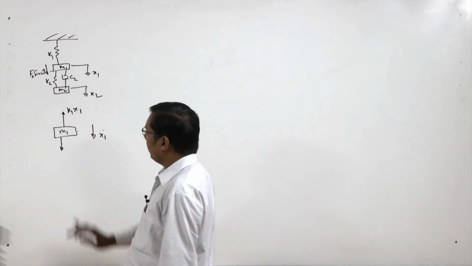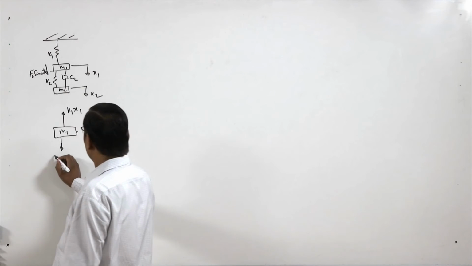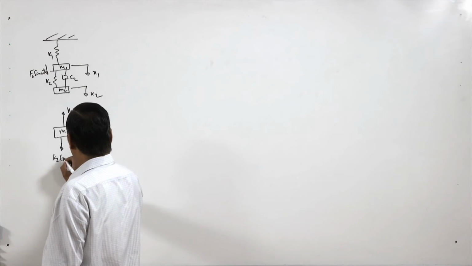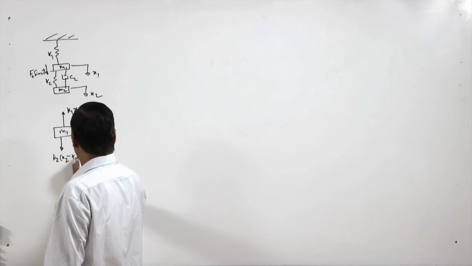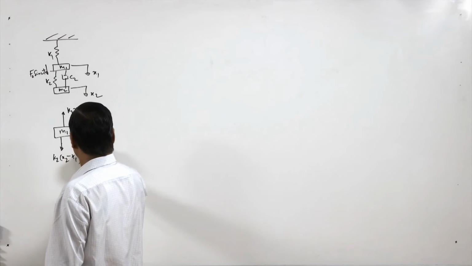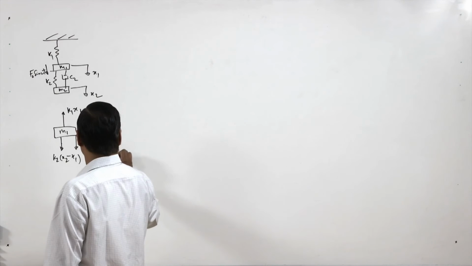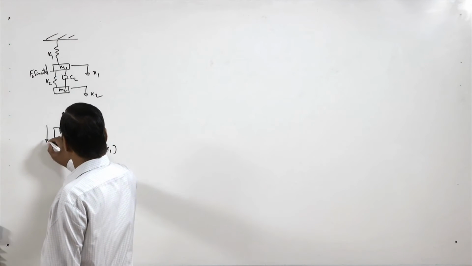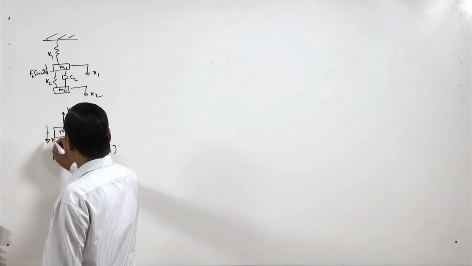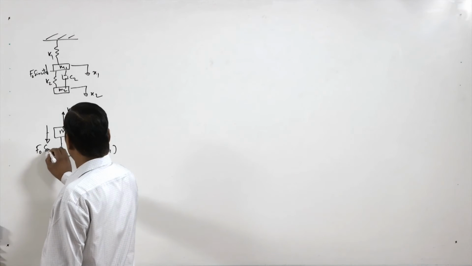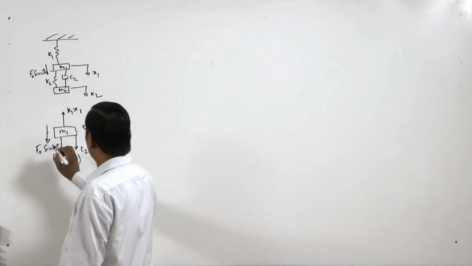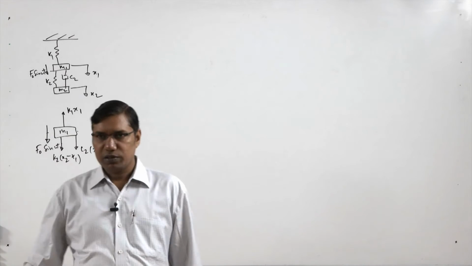If we assume x2 is greater than x1, so it is k2 (x2 minus x1), and here the damping force c2 (x2 dot minus x1 dot), and there is also one force f0 sine omega t. So the external force that is working.